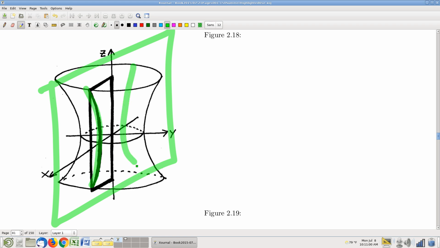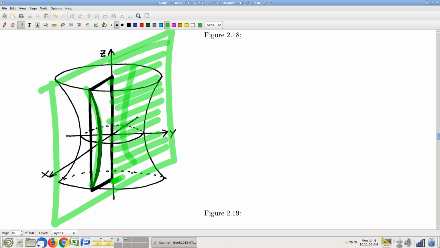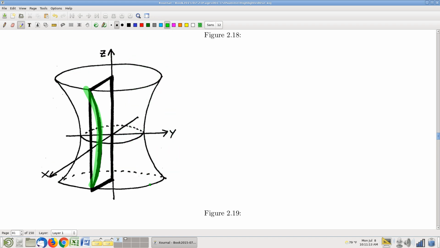So that's what the cross section looks like. Again, keep in mind we throw away the part where x is negative. X can't be negative if we want to make the algebraic replacement that we did. So this is the piece of the hyperbola that matters. Take that and rotate it around the z-axis, and you get this picture here of, I don't know what to call that.